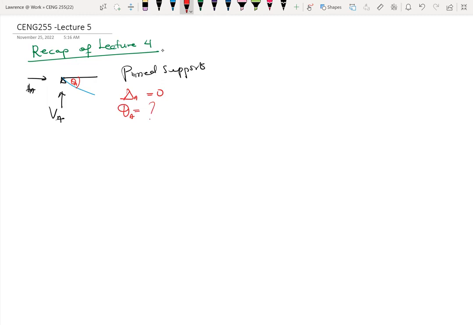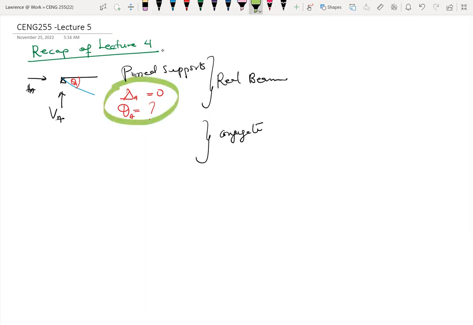Okay, so we also need to design a conjugate beam, which in this case we call the conjugate beam. So all of this is for the real beam. Also need to design a conjugate beam so that we could end up with a similar or the same representation as this is.